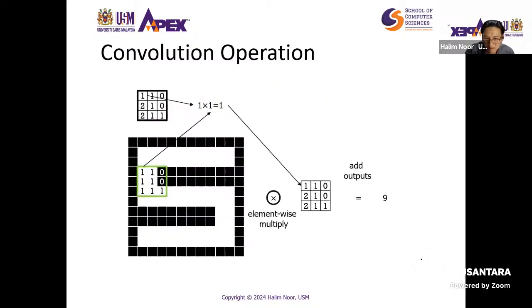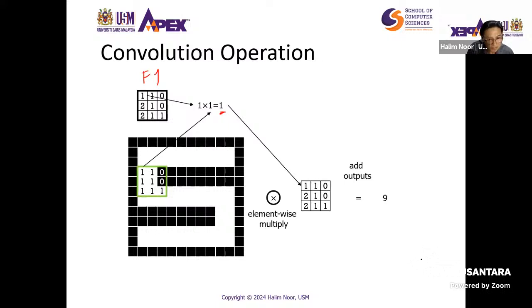Now let us use an example. We have the filter from just now. This is filter 1, indicated by the black box, and we have the feature indicated by the green box. The convolution calculation is just 1 times 1, so we get 1.